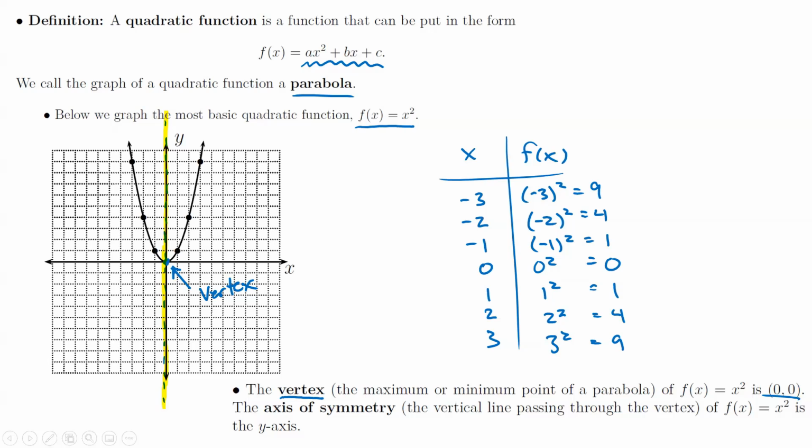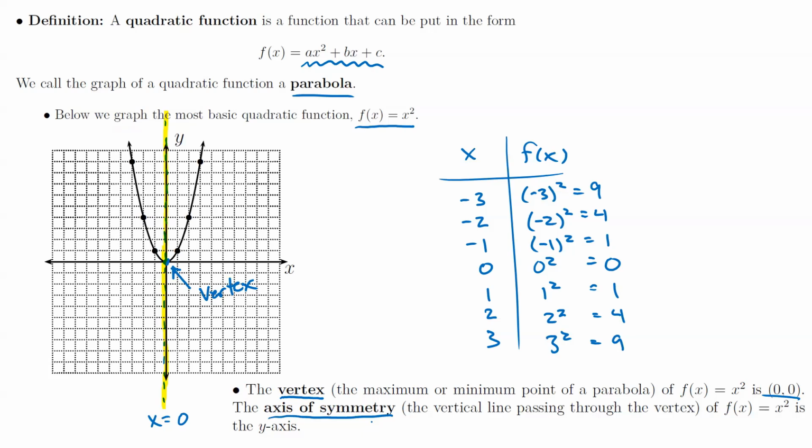That's our axis of symmetry. That's literally the line that you could fold the graph over and the two sides would touch each other. They are perfectly symmetric about that line. So a couple things to keep track of: vertex and axis of symmetry.